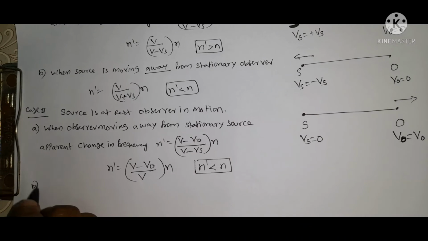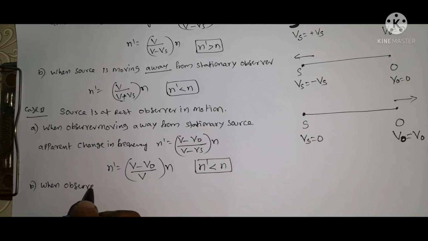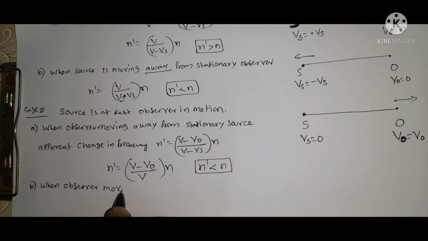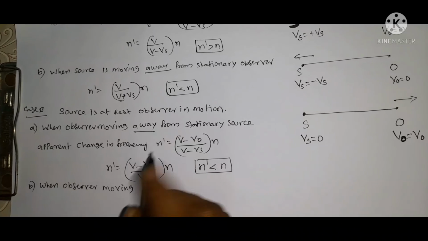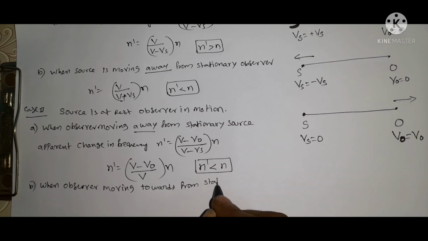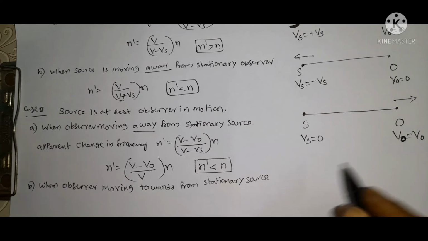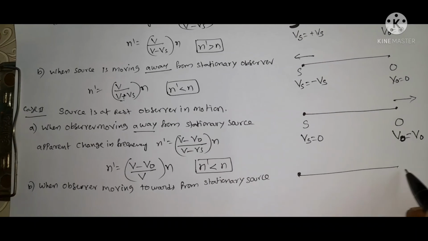Next, in case B, when the observer is moving towards a stationary source, again put the line: source, observer.